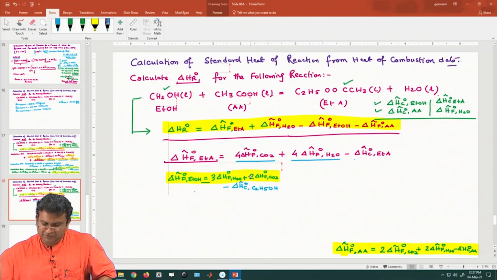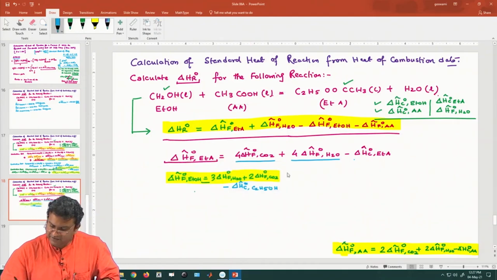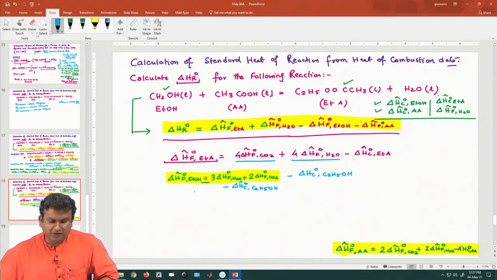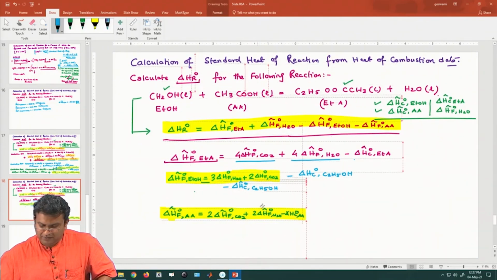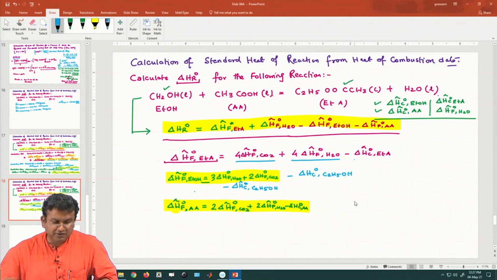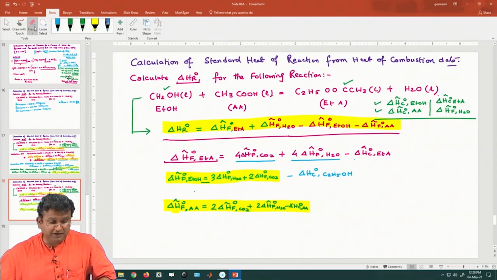This one also we have. I will just write it in a single sentence: minus heat of combustion for C2H5OH, and the third one that we have is heat of formation out here. So, we are running out of time, so we have to be a little fast.